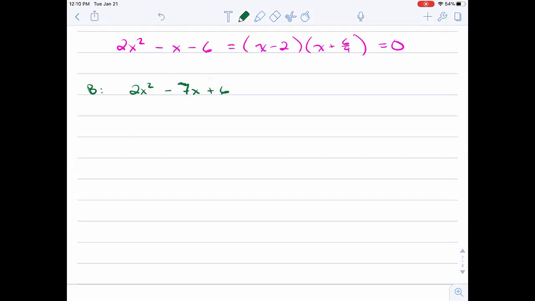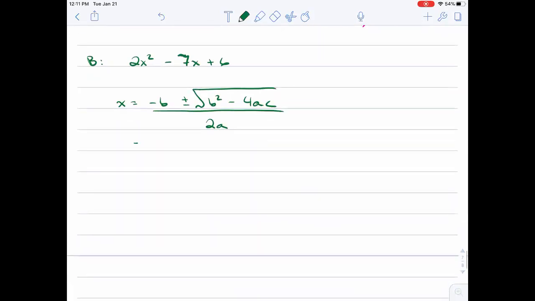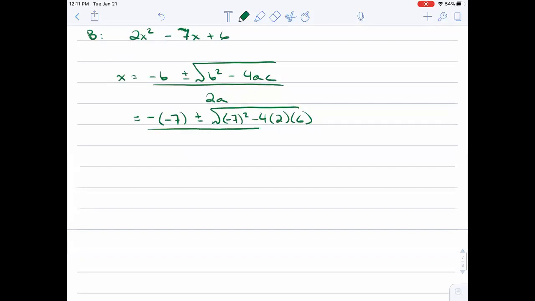If we're factoring this thing, then I've got x is negative b plus minus the square root of b squared minus 4ac over 2a. Negative negative 7, so 7, plus minus the square root of negative 7 squared minus 4 times 2 times 6. 4 times 2 times 6 is 48, over 2a, which is 2 times 2.